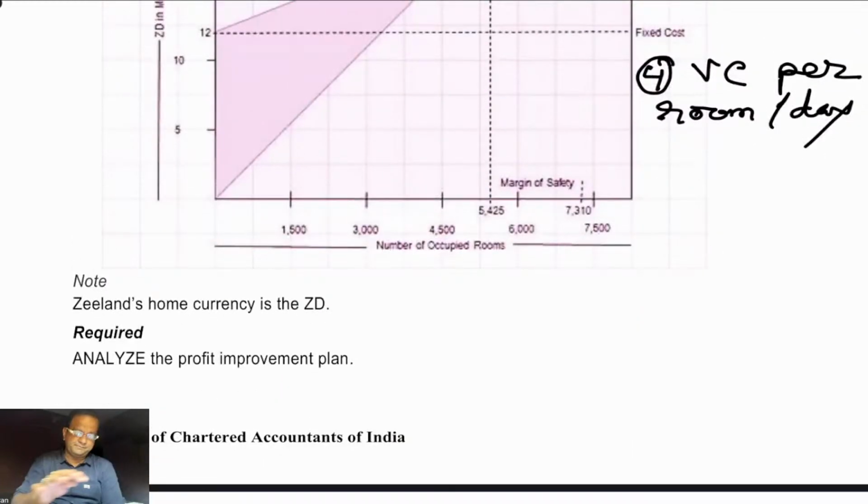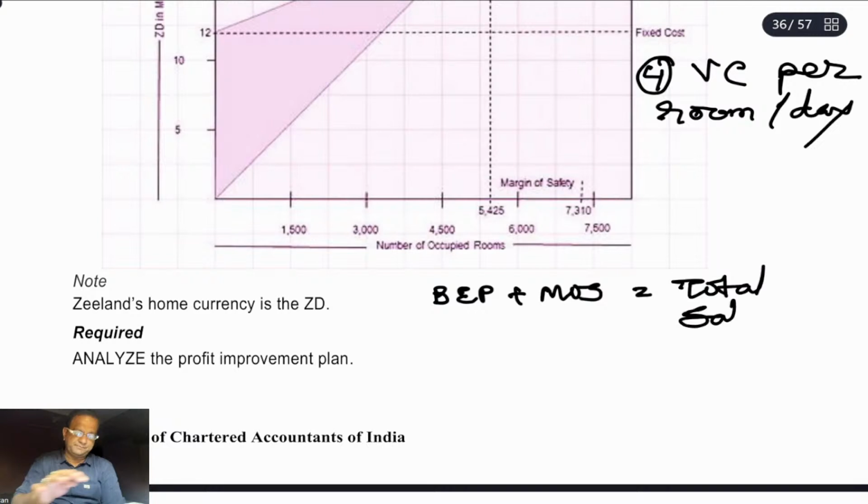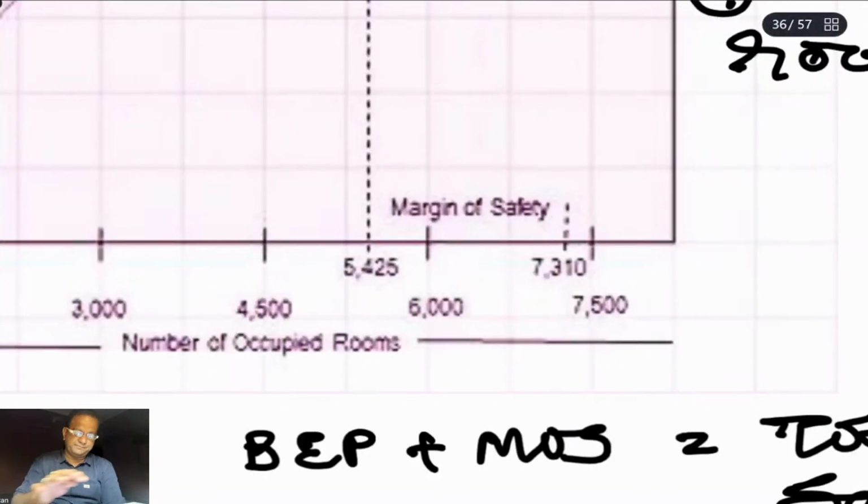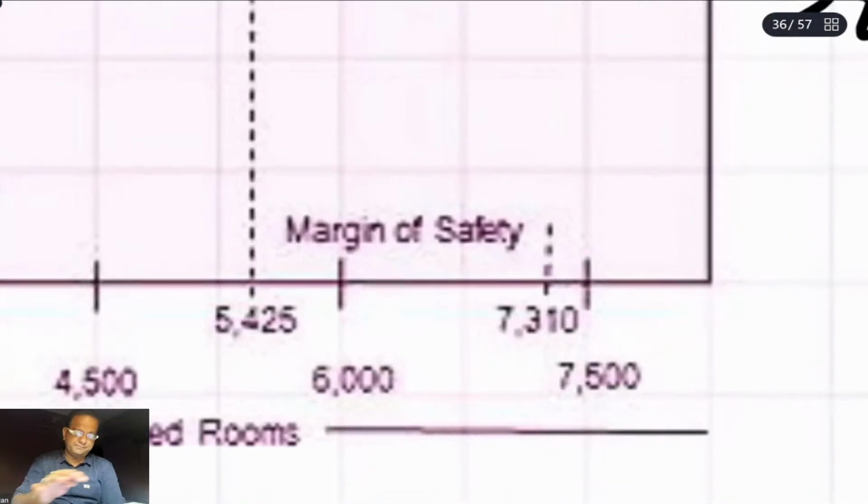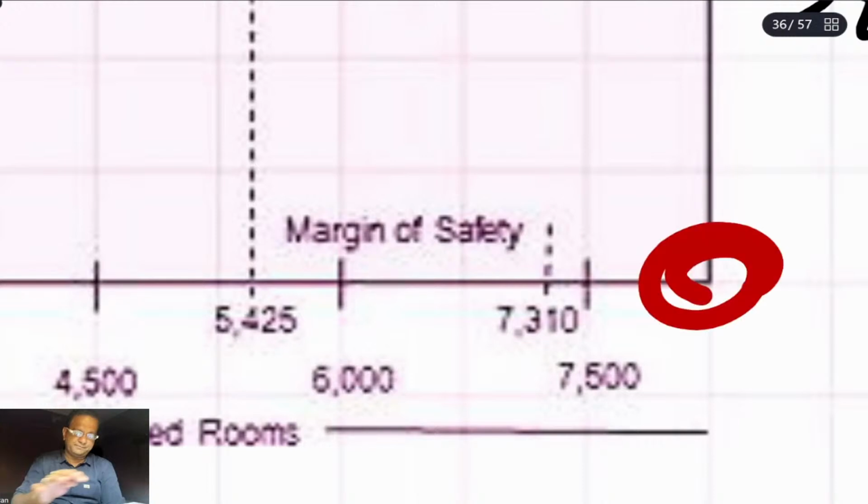Now the total sale unit. Always remember, beta, break-even sale plus margin of safety is equal to total sale. Can you please check, beta, whether margin of safety is extended till the last part here, or it has been stopped some units before.